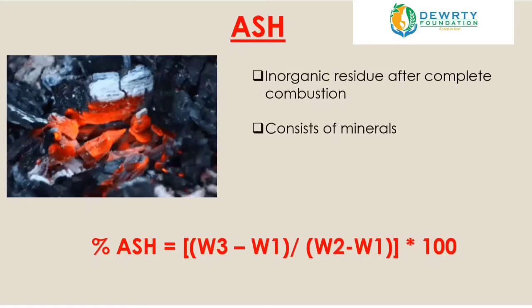Now after heating, we'll remove the crucible and allow it to cool down at normal temperature. Then again we will take the weight of that crucible, and that will be our W3. So now after taking all these weights, how do we calculate percent ash?